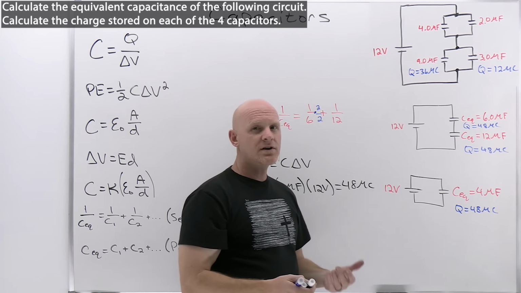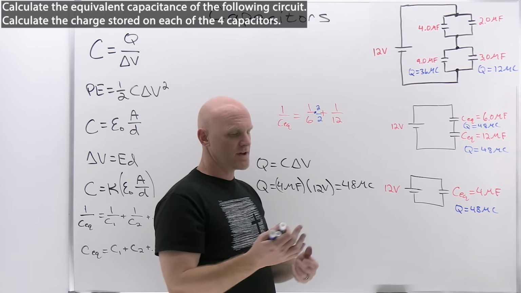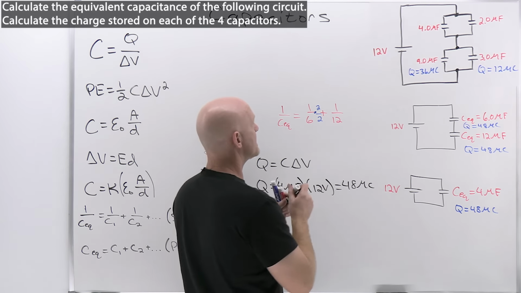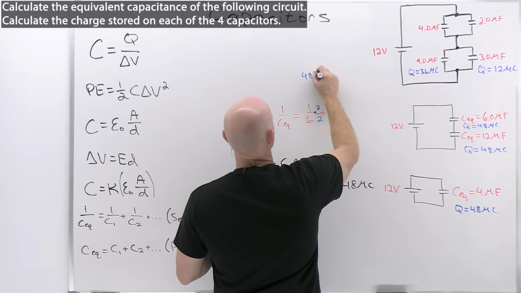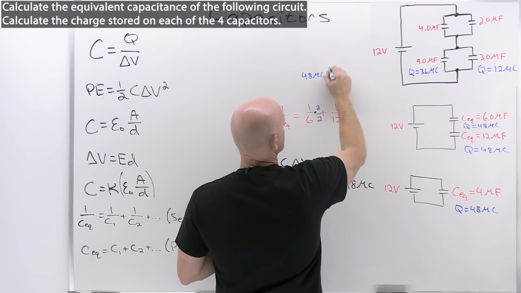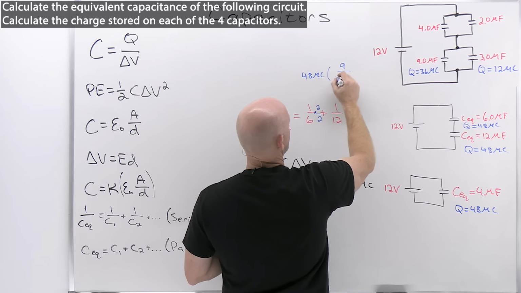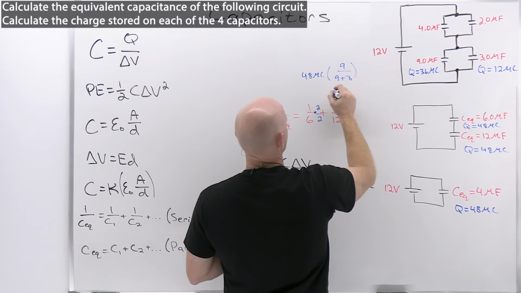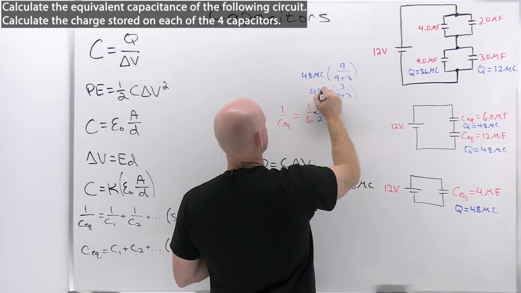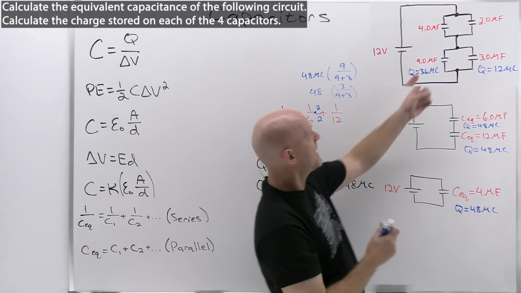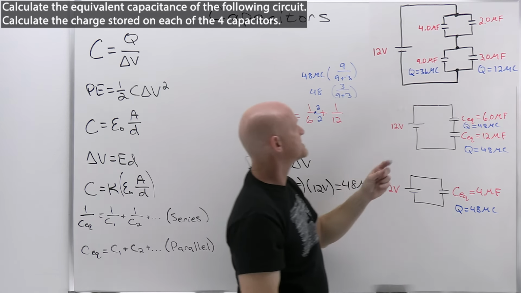The other way you could have done this, if you don't like that whole 3-to-1 ratio thing, this always works as well. You can take that total of 48 microcoulombs and you can multiply it either by 9 over 9 plus 3 or by 3 over 9 plus 3. It's just another way of finding it.